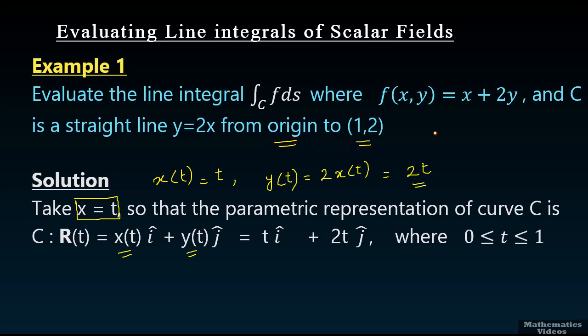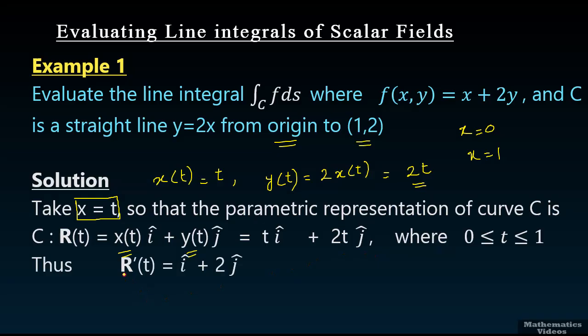Since the value of x at the origin is 0 and the value of x at the point (1, 2) is 1, x ranges from 0 to 1 on this straight line. So the range of t is also the same as the range of x, therefore t ranges from 0 to 1. This is the complete parametric representation of the given line segment. Hopefully this is now clear to you.